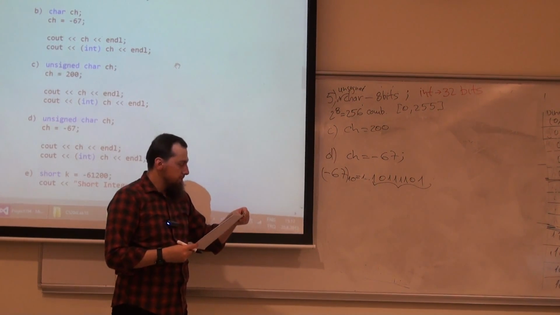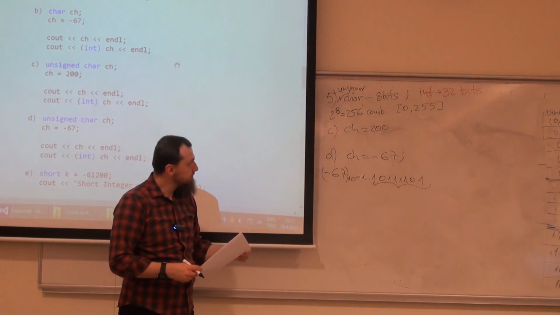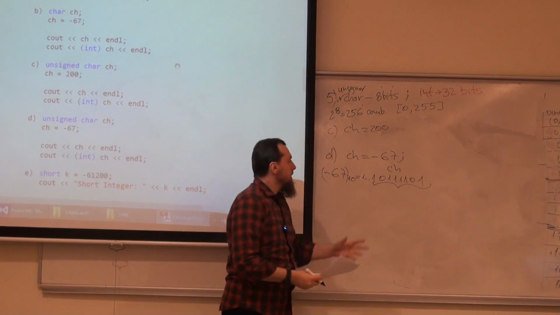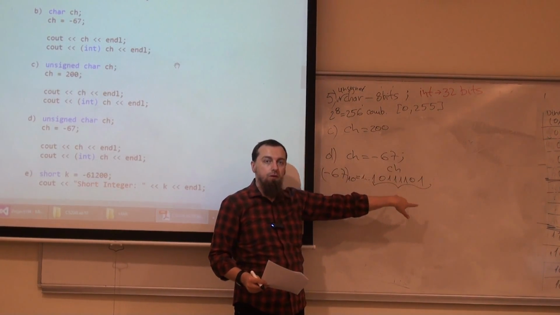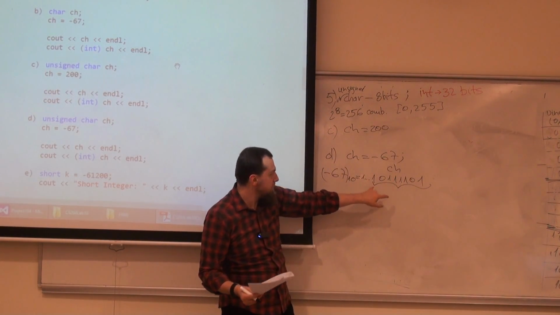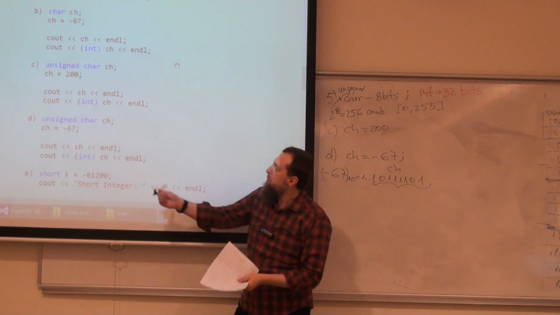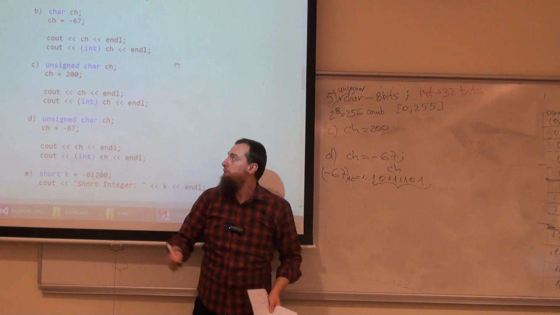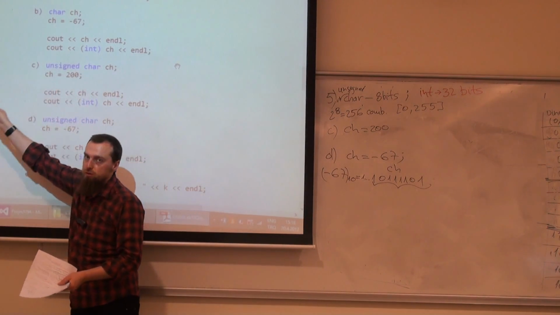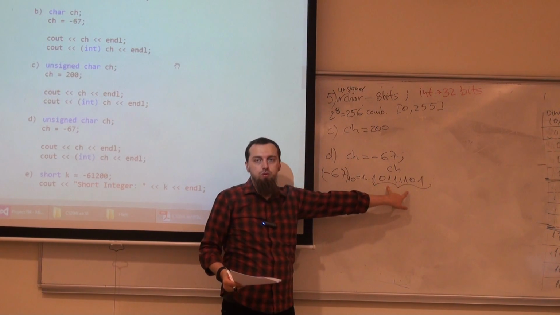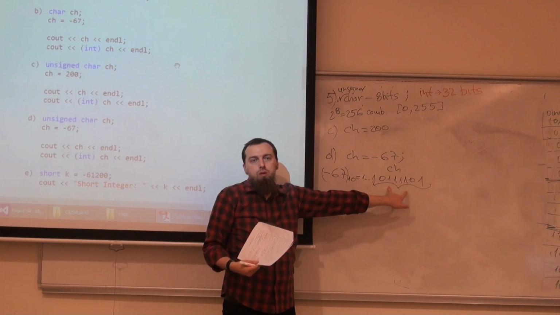How much is this? Actually, this will be the character. And if I print it as ASCII, it's very easy. You see the corresponding ASCII table, the binary representation, you print it. But when I'm converting into integer, and remember, we are using the unsigned character here, what is this going to look like?